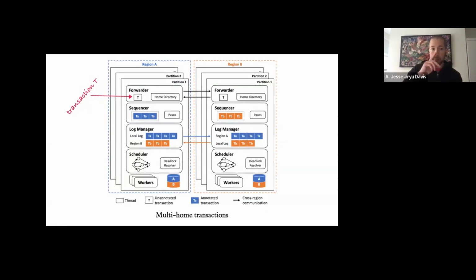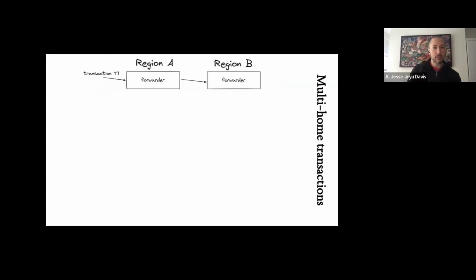Once again, let's say that a transaction comes to some region and its list of items now spans multiple regions. So the forwarder has figured out from its home directory that this is a multi-region transaction. I'm going to simplify the diagram here like this. Transaction T1 arrives at region A, and the forwarder sends it on to region B because this transaction affects both regions.